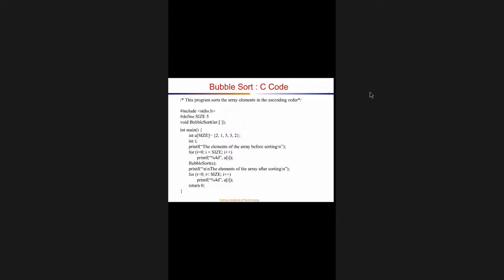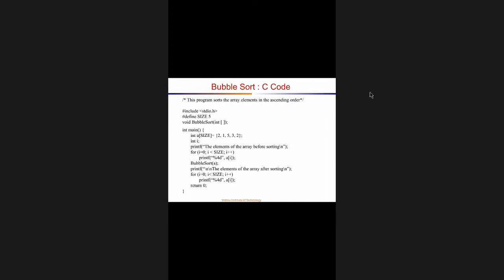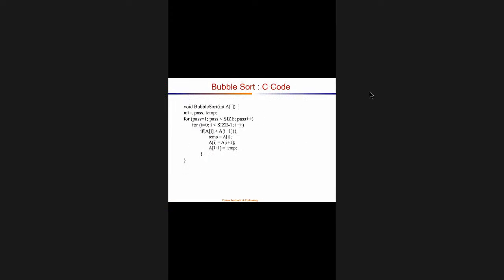So A of i greater than A of i plus 1. Suppose the elements are 2, 1. The 2 is greater than 1, the condition is true, so you apply the swap. Finally the elements are assigned as 1, 2.